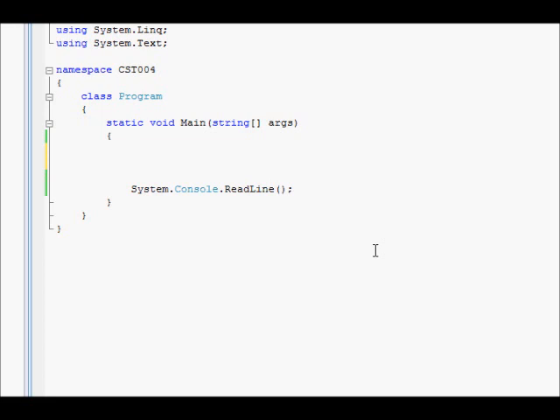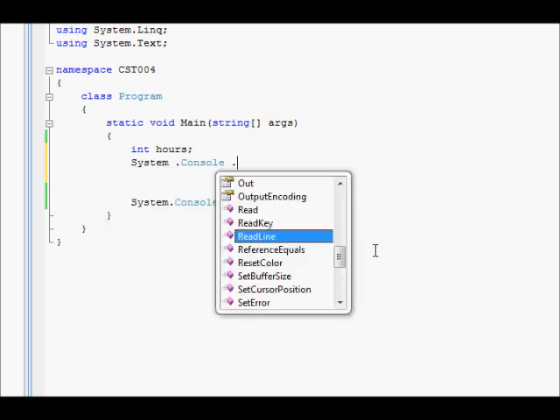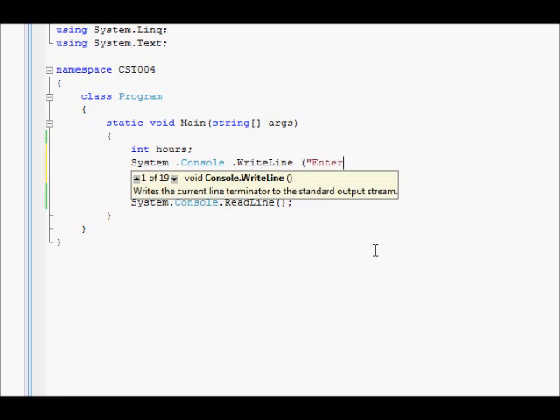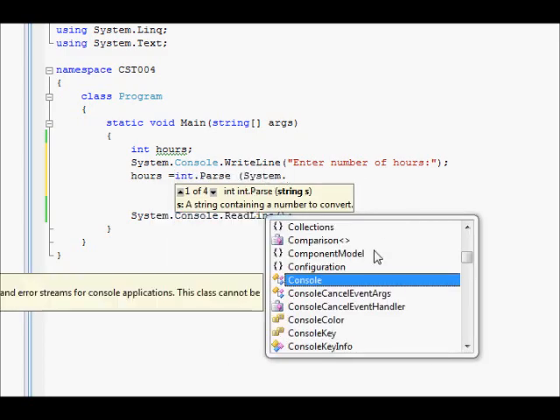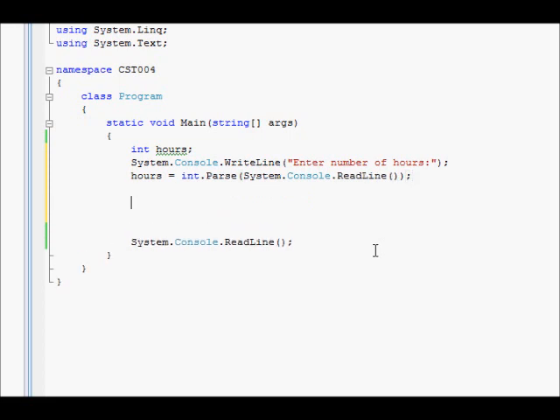We will get the number of hours: int hours; System.Console.Write "Enter number of hours." Then hours equals int.Parse(System.Console.ReadLine()).